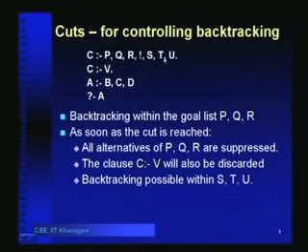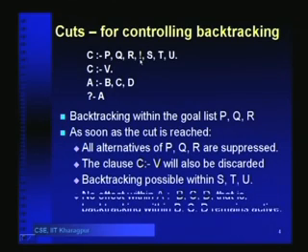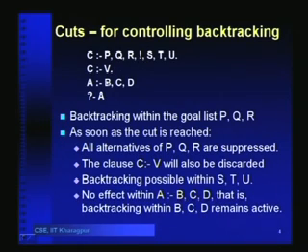So, within S, T and U you can try backtracking and trying out various things, but you can never go back to P, Q and R for a different instantiation. That is not possible. And also there is no effect within B, C, D. So, if with that instantiation you are not able to solve C, then you come back to B and then try a different instantiation, different solution for B, and then again go into C, right?